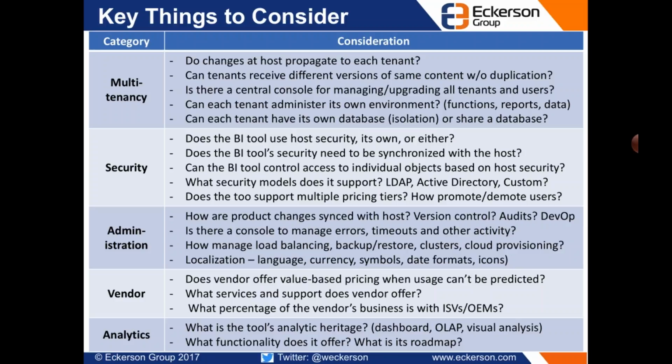Certainly the trend these days is that any analytics product is going to, out of the box, provide some degree of support for any type of analytic functionality you want, from reporting to dashboarding to self-service to visual exploration to advanced analytics. But every tool does better in some of those areas than others. So understanding its heritage gives you a good sense of where it's strong and where it's not. So those are some of the key things to consider. Again, we're doing research on this area and should have a report out in Q1 of next year.